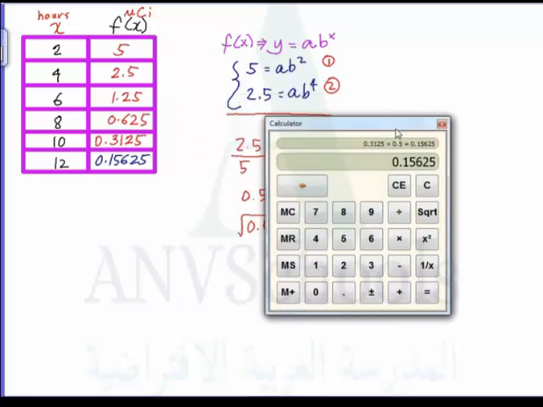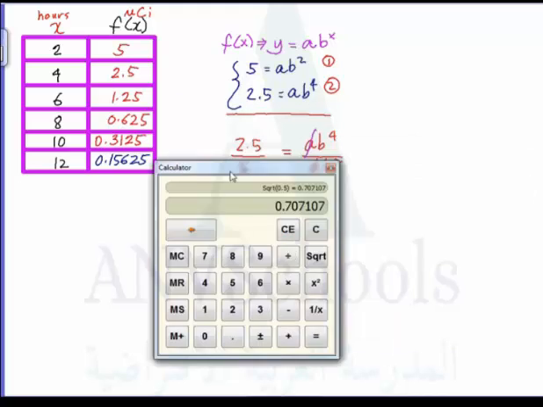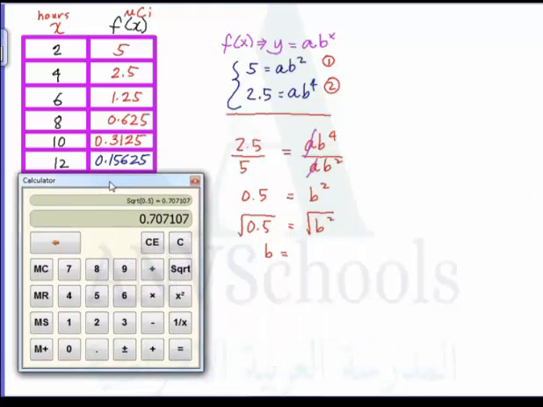Square root of 0.5, that's 0.707107. Let's take the first 6 decimals.